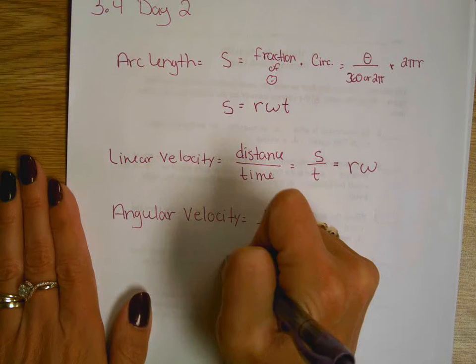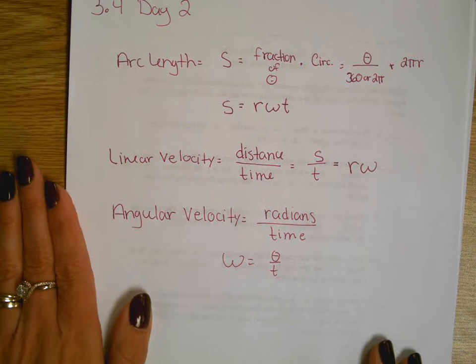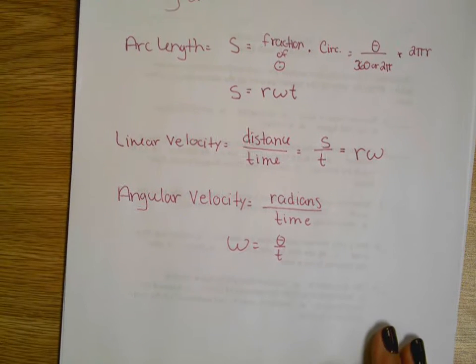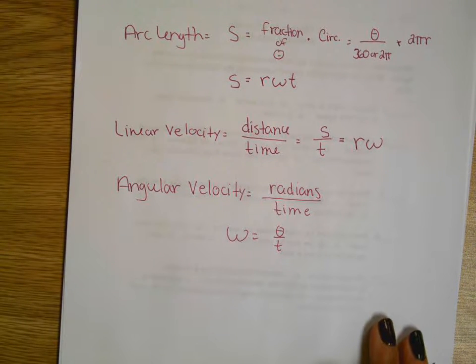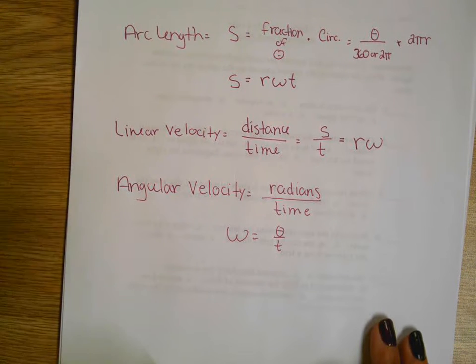Oh, I forgot my little letter. So omega equals theta over T. So only one formula for that. We did have one other formula for area, but the area doesn't come into play with any of these linear velocities. That's why it's not in this section, so I'm not going to bother putting it down here.